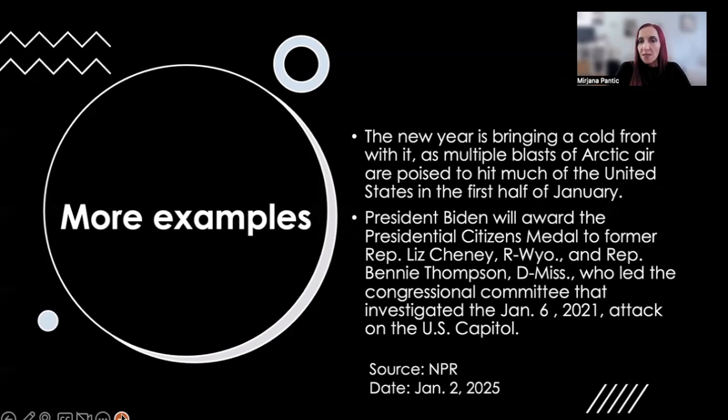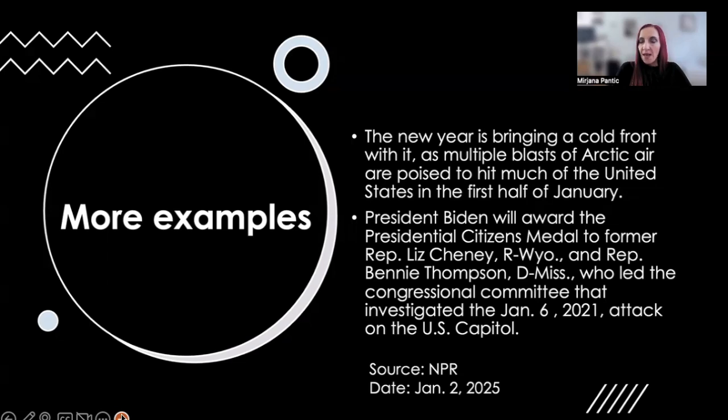I also found this other example on NPR, also on January 2nd, 2025. And after I took a second look at it, I thought that it would be important to change the lead. Like, I would change it a bit. I feel it's a bit longer than it should be, and there are too many names in the lead of the story.